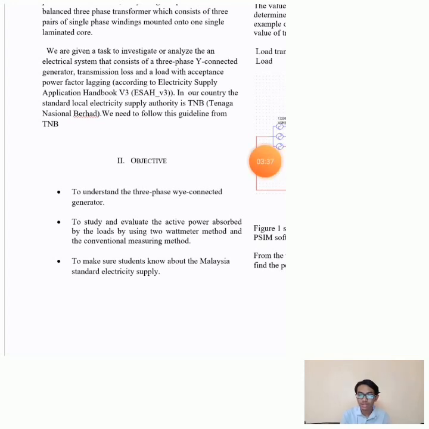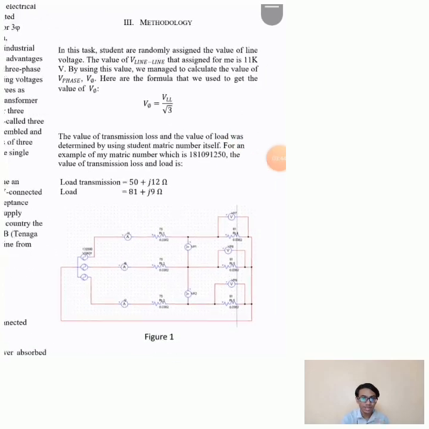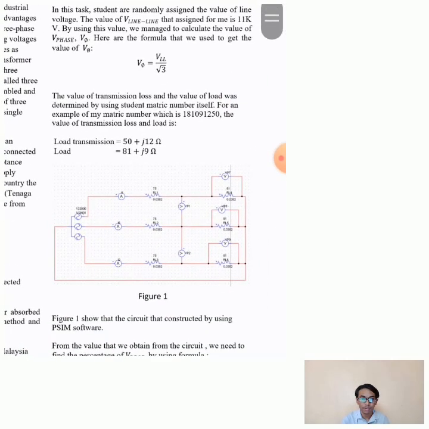Next, we will go through the methodology. In this task, students are randomly assigned the value of line voltage, which means every student in my class has a different voltage. Using this value, we need to calculate the value of V phase.